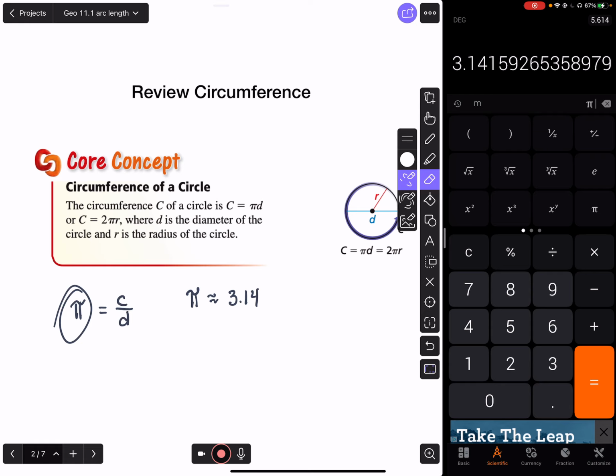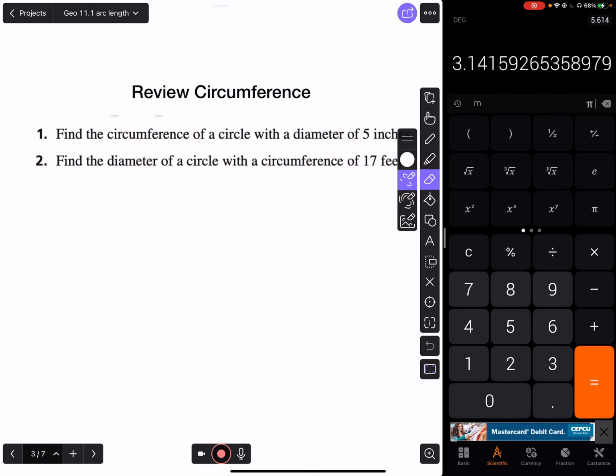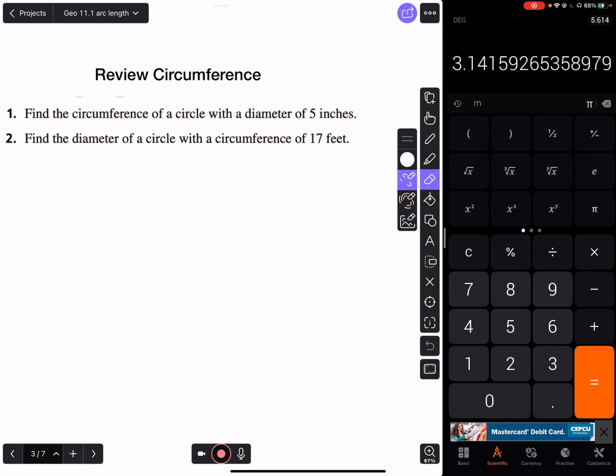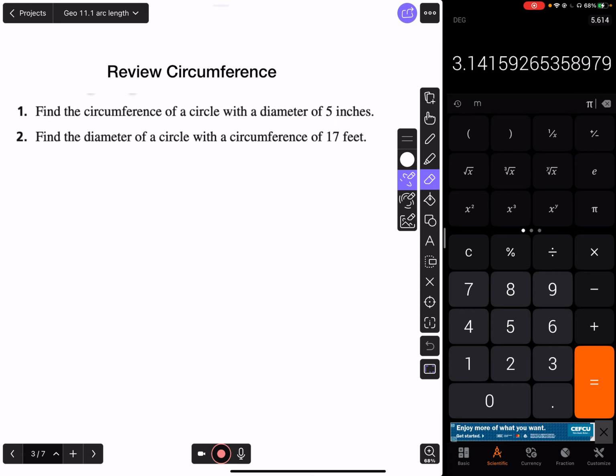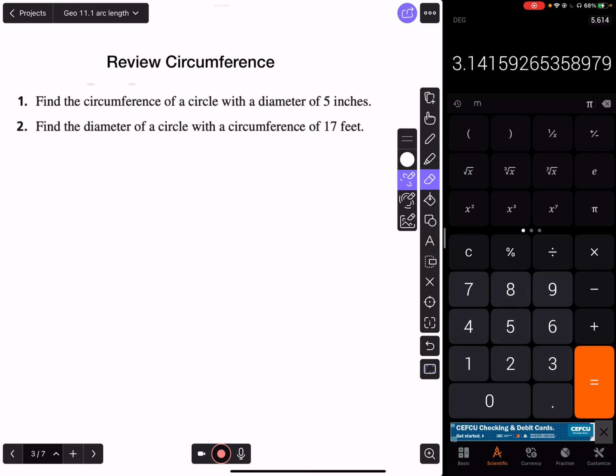So now that we know what pi is, circumference is pi times diameter, or 2 pi r. So just a couple of quick examples here. Find the circumference of a circle with a diameter of 5 inches. So number one, here's what we're trying to do. Find circumference, given diameter 5 inches.